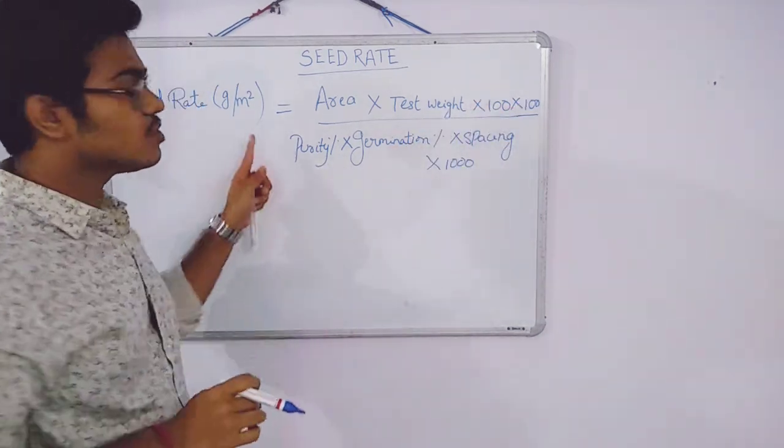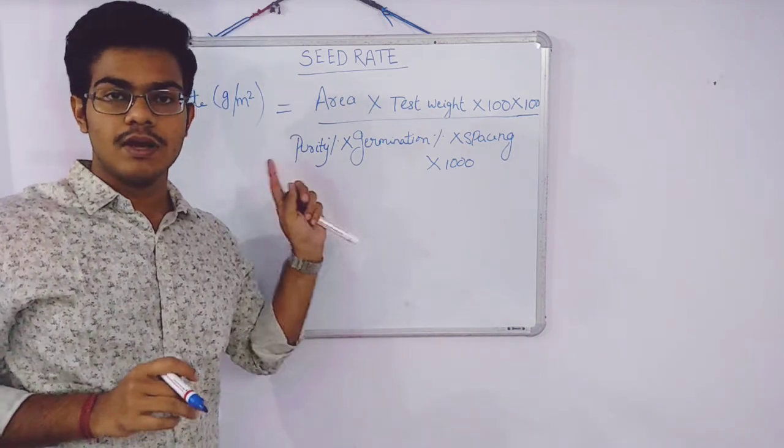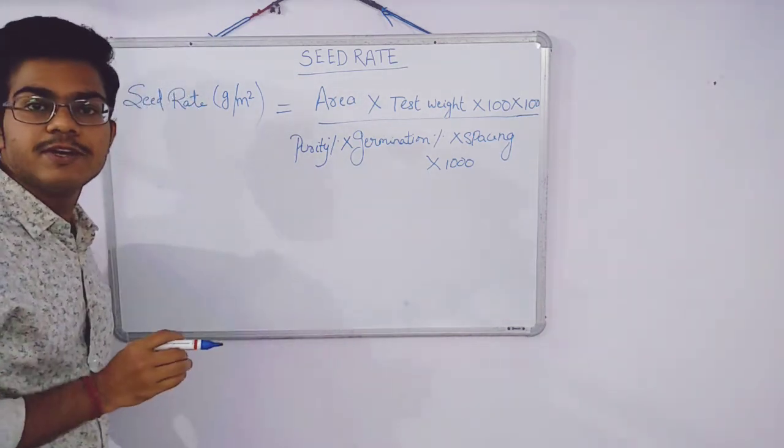This is based on the gram per meter square of land. Let me explain with an example.